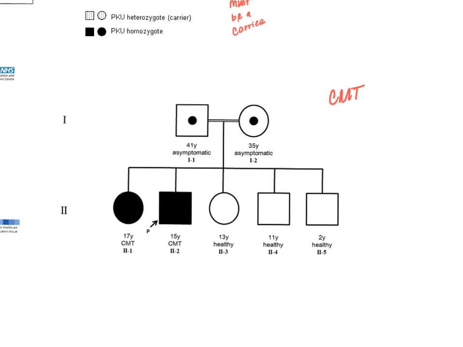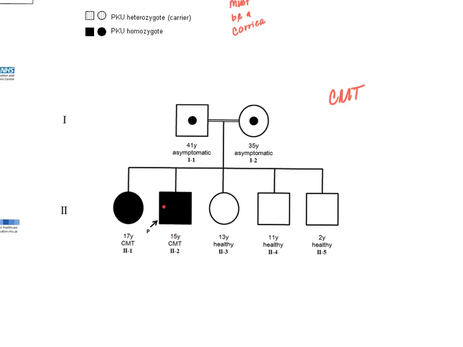So if we take a look at the offspring in this case, both mom and dad are carriers for this condition, which is called CMT. The proband is indicated, and this is the first pedigree that had a proband, and that's the P with an arrow pointing to the particular symbol. That means the proband is the individual that is the purpose for initiating the pedigree.